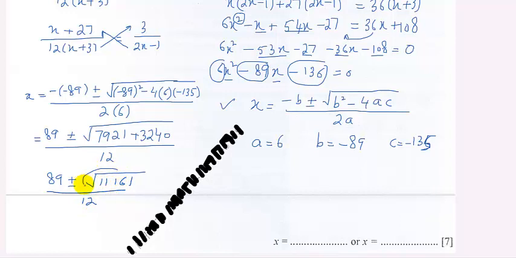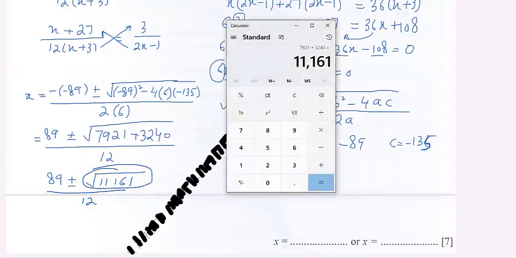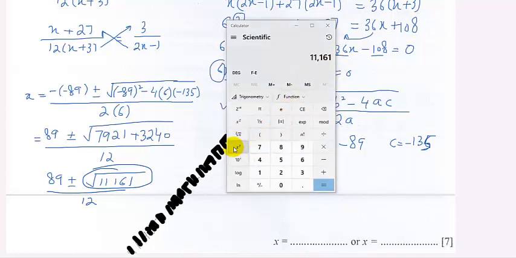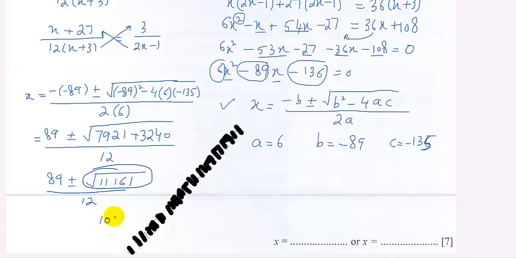So let me take the square root of this. So if we take the square root, the answer is 105.6465. So it is 105.65.